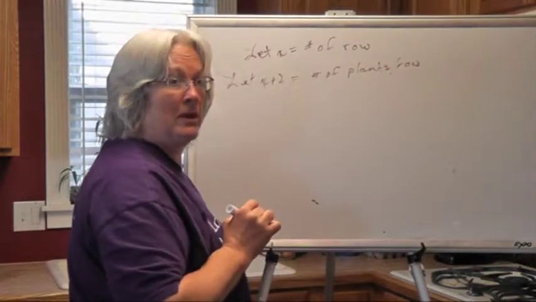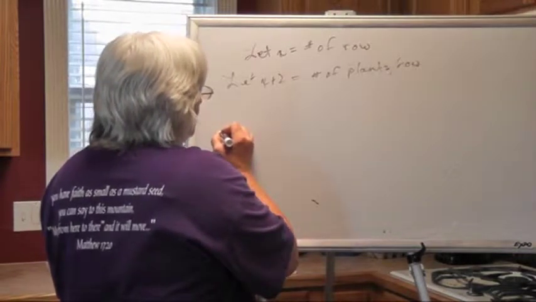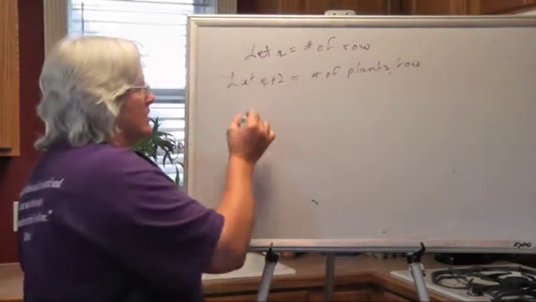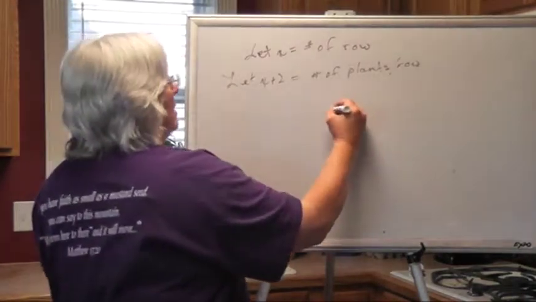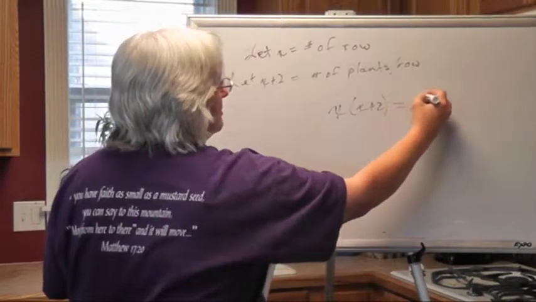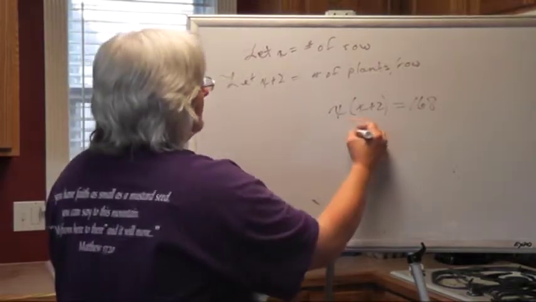So we're just going to multiply these together. The number of rows is one dimension, the number of plants is another. X times x plus 2 is equal to the total number of tomato plants, 168.